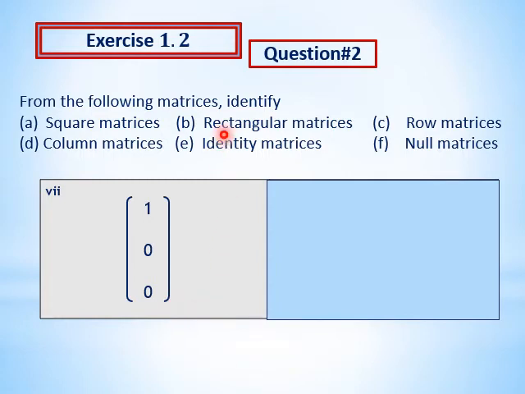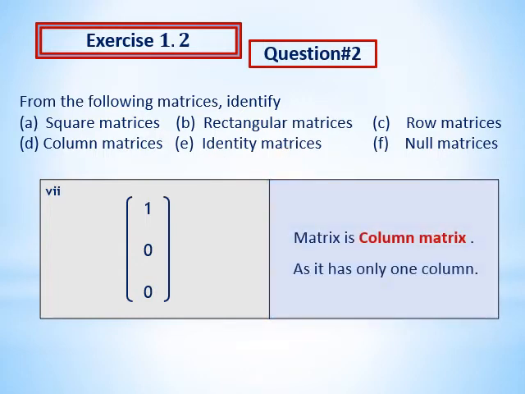You can say that this is a rectangular matrix. Also this is a column matrix. But this is not an identity matrix and not a null matrix. So this matrix is a column matrix, as its main specification is that it has only 1 column.